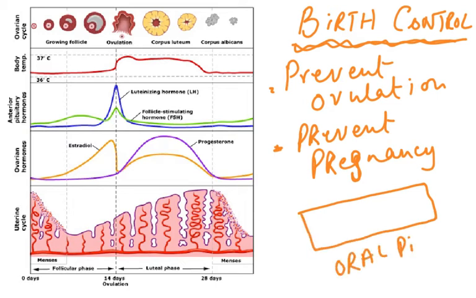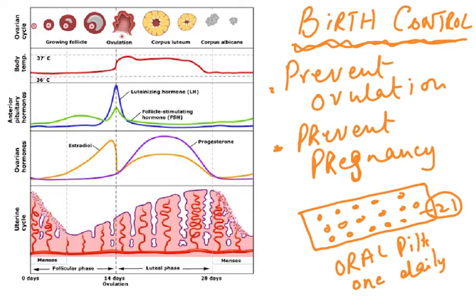Now the oral pill is 21 tablets in a pack, and the woman has to take one tablet every day for 21 days, and then, of course, she menstruates, and then again she starts a new pack. So 21 tablets, and she has to take one tablet daily.